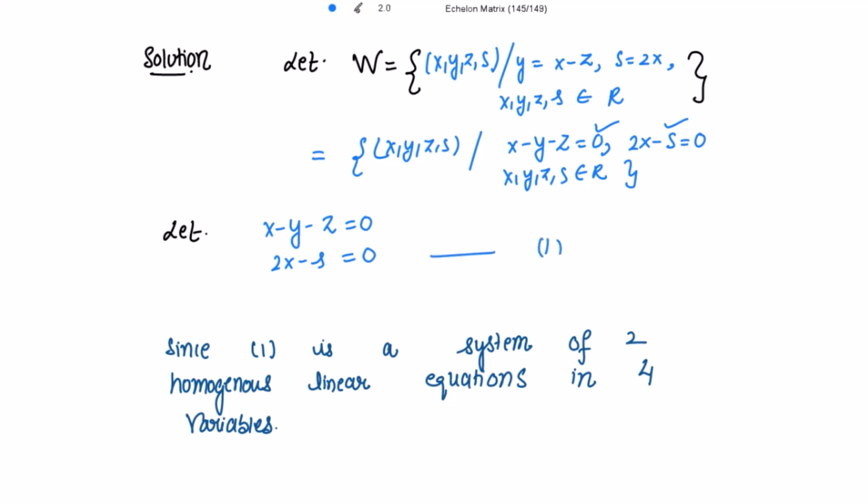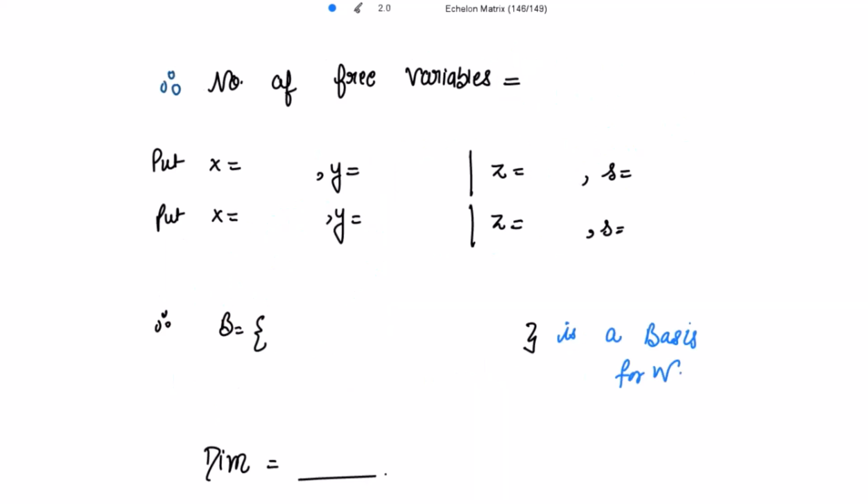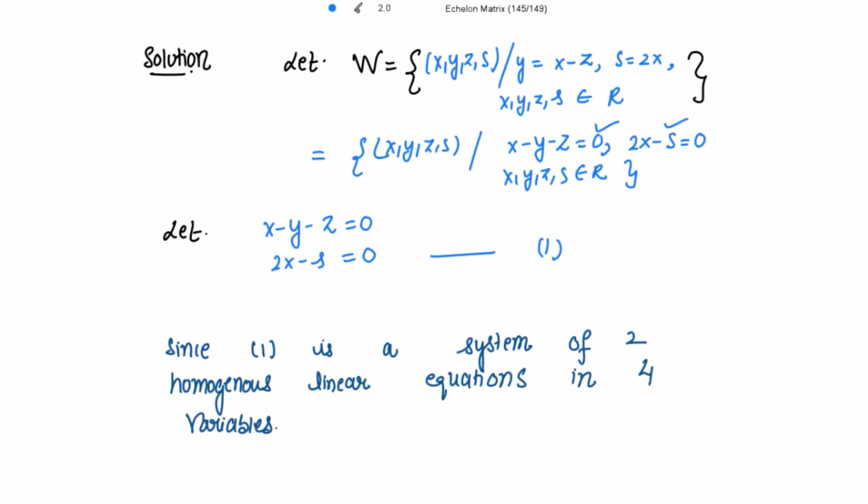Marking this as 1. Now since 1 is a system of two homogeneous linear equations, in how many variables are there? 4 variables. So the number of free variables is equal to the number of variables, which are 4, minus the number of equations, that is 2. So this is equal to 2. And what free variables we need to choose?